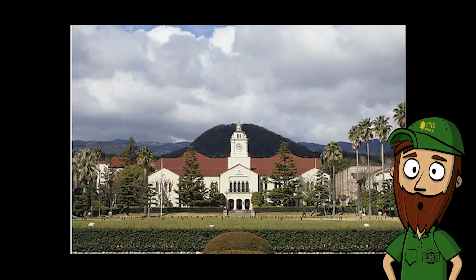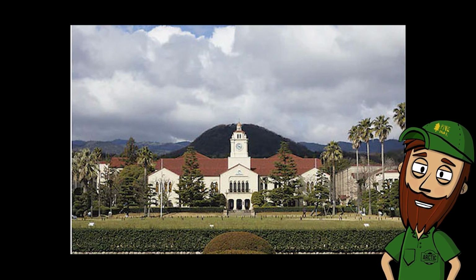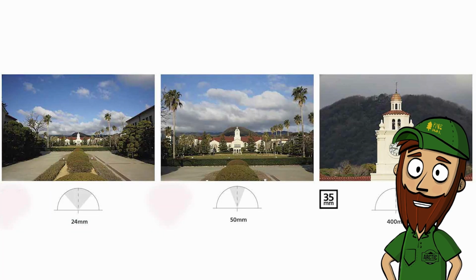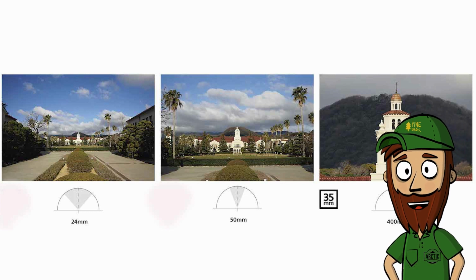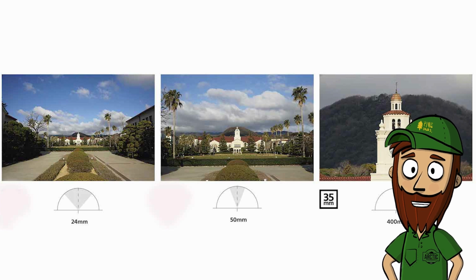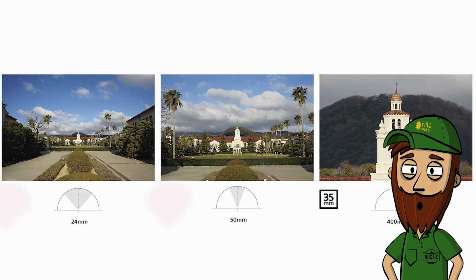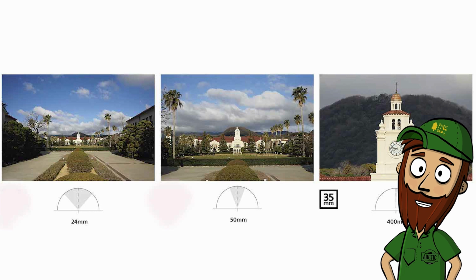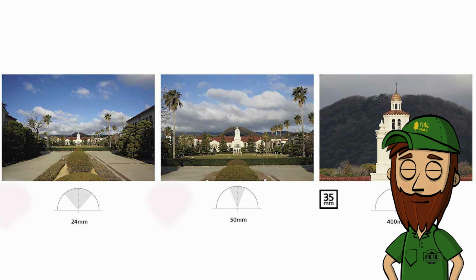Brian, I know that you're looking at this video, so please tell me how far is it between the tower and the mountain? Here you have 3 images from the same location, taken from the same place, with the same camera, but with different focal length. 24mm a wide angle, 50mm is about what you see with your eyes, and then 400mm.